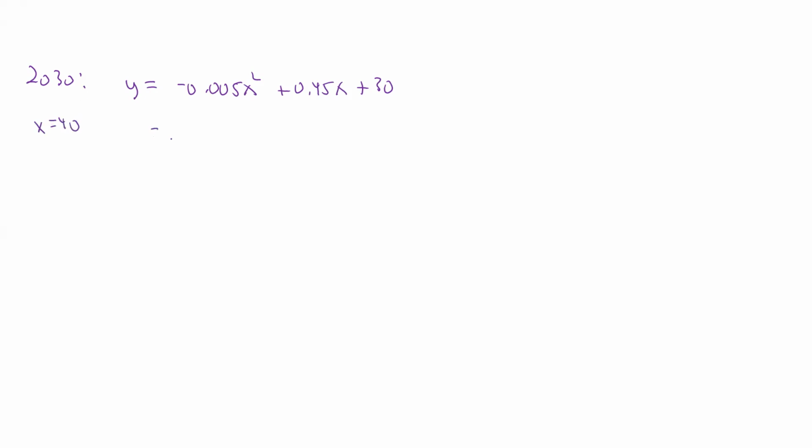So that's minus 0.005 times 40 squared plus 0.45 times 40 plus 30. Again, I'm just going to type that into the calculator. And I get 40.